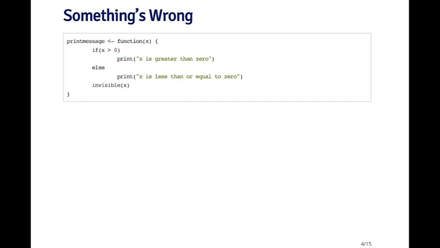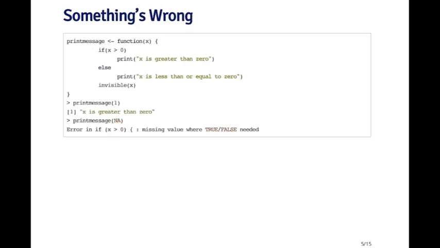So when you say print x, what gets returned is the string x, right? But you don't actually see that because the return value is returned invisibly. You could assign the output of print to an object, but generally speaking, you never do that. Anyway, that was a little diversion on invisible.